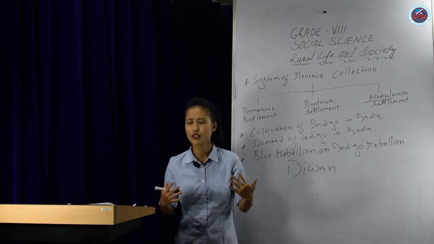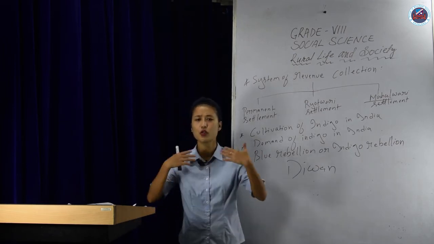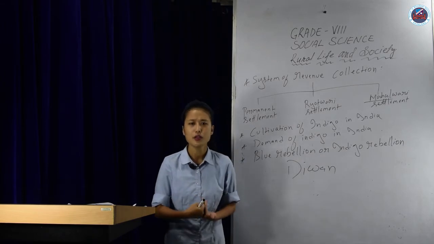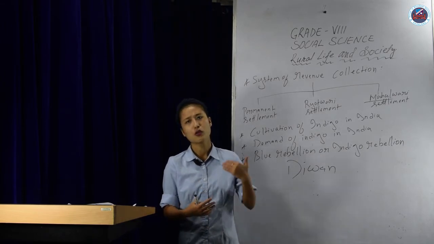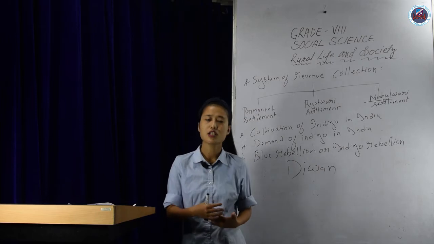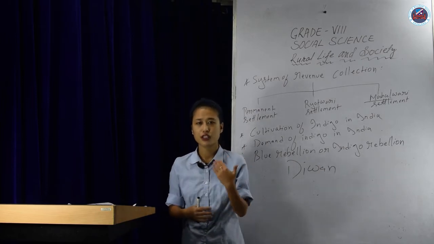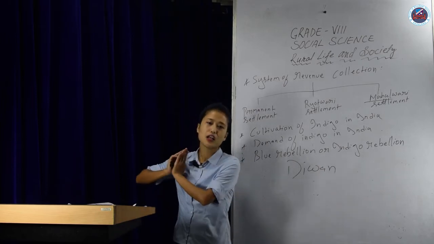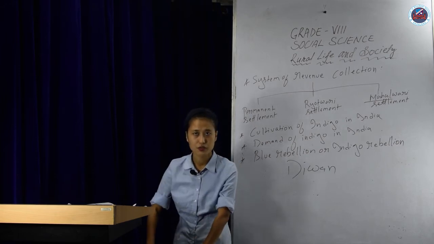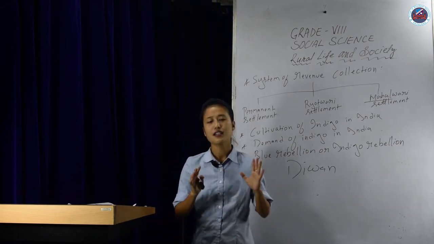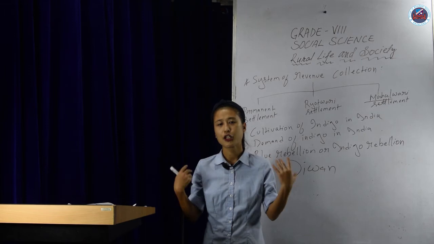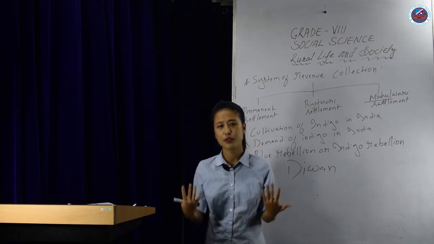Since more and more indigo was being demanded in European countries, the Indians were forcefully asked to cultivate indigo, and they were not even allowed to plant any other crops. And this indigo cultivation was creating a huge problem for the Indian people. Why?